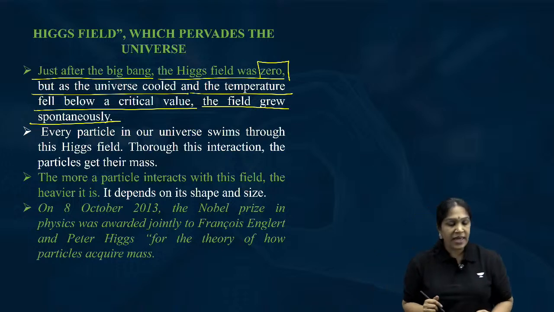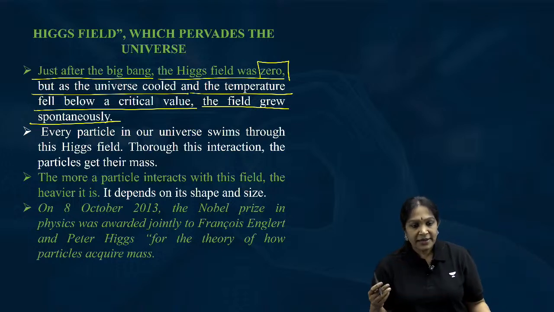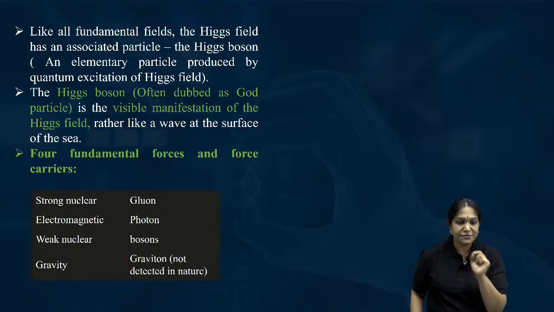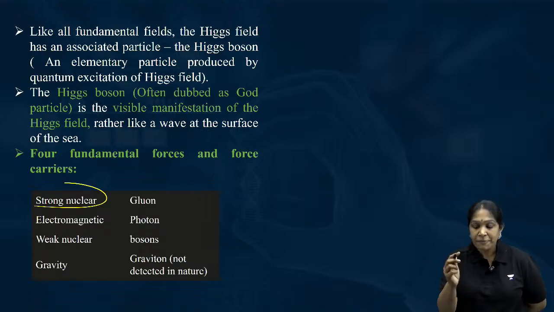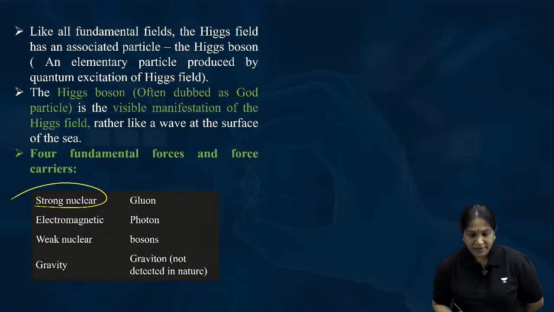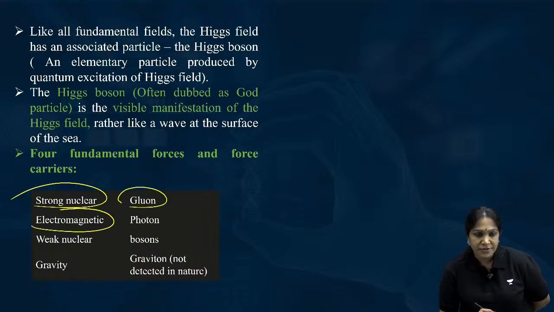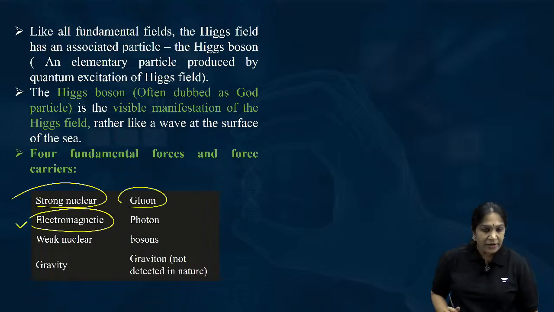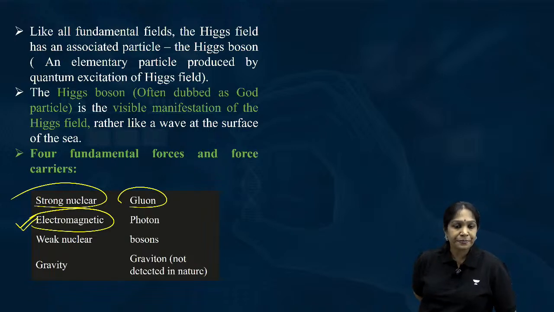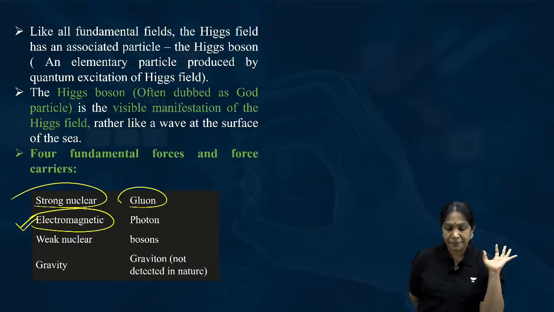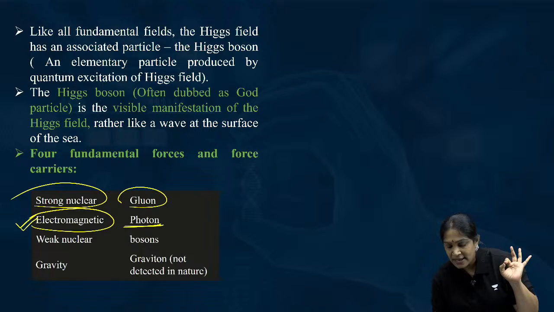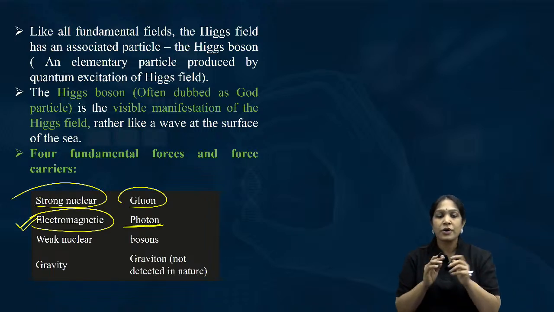Is it clear? Then every field will have a particle. For example, you have the strong nuclear force. In that you have a particle called gluon. You have the electromagnetic force. Everybody knows what electromagnetic force is: light waves, radio waves, X-rays, etc. The particle that carries electromagnetic force is the photon.